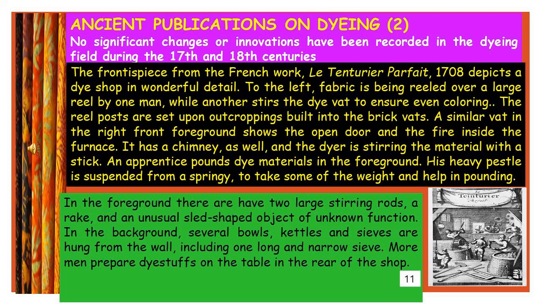The reel posts are set upon outcroppings built in the brick vat. A similar vat in the right front foreground shows the open door and the fire inside the furnace. It has a chimney, as well as the dyer stirring the materials with a stick.